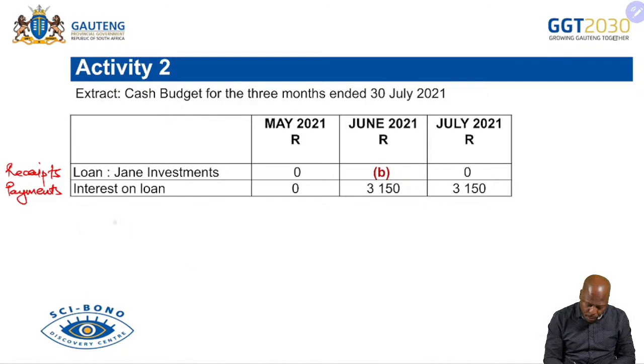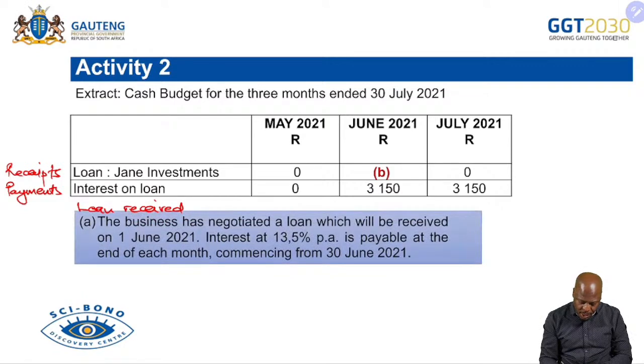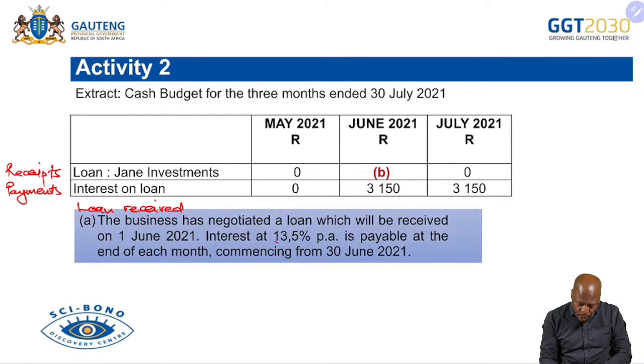So it is simple. We simply say the loan received, the loan that has been received. Remember, we did it earlier on, when I said new loan at that time. We don't know it, but for the loan that has been received, I must be getting an interest rate. Let's see how much is the interest rate. It is 13.5% per annum, and it is payable at the end of each month.